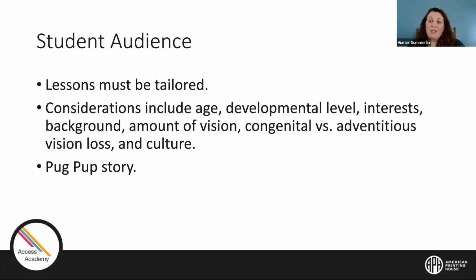With adventitious vision loss, so that's not vision loss that you were born with, vision loss that happens, whether it's through a disease process or as a result of an injury, the student will have a different experience than if they were born blind. Culture is also a factor.